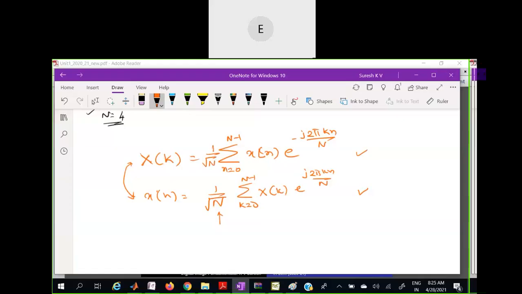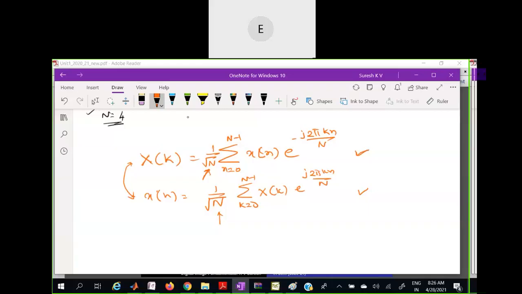Because it's a scale factor, we are not worried much about it, because you want to convert the signal from time domain to frequency domain. I'm interested in at what frequency the signal exists. So the magnitude, I can scale it up or scale it down by any value.